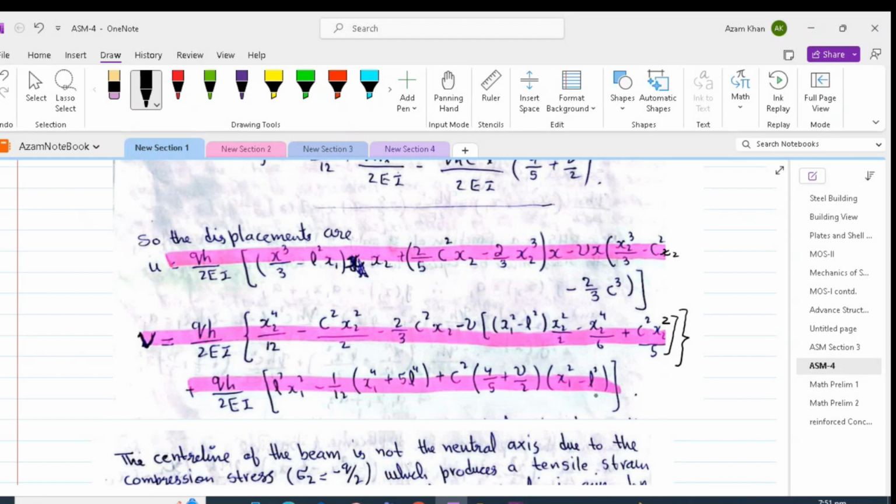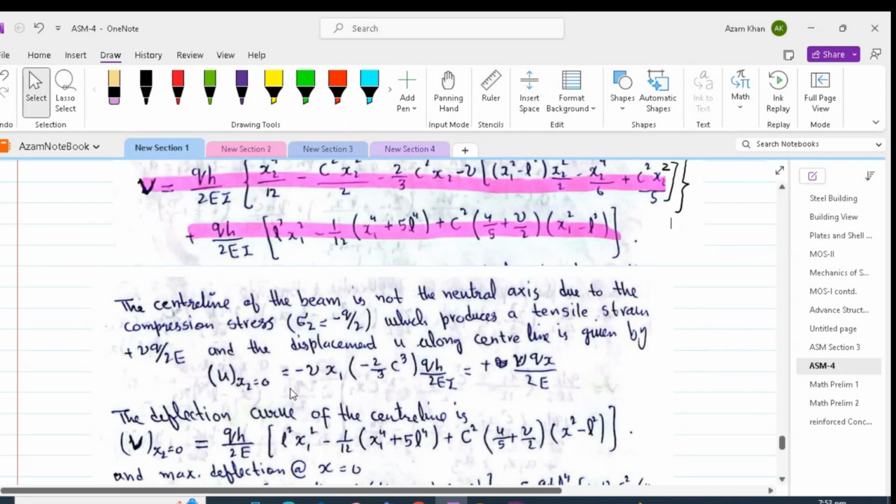And then we have qh by 2EI again getting multiplied with these terms. So that is L squared x1 squared minus 1 by 12 x1 to the 4 plus 5L to the 4, both in small bracket, plus c squared small bracket 4 by 5 plus nu by 2, and then multiplied by another small bracket x1 squared minus L squared, and then the big bracket is closed.